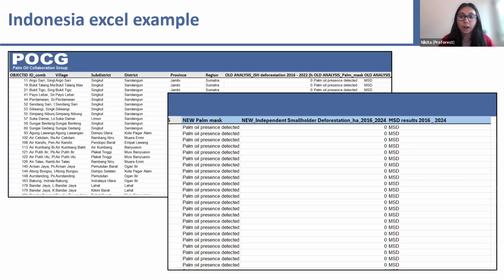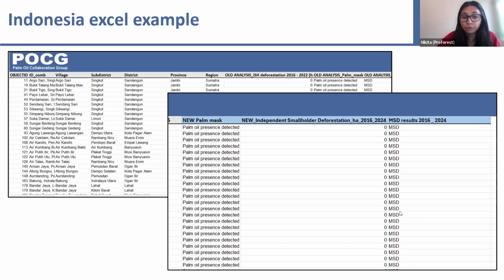For the purpose of your IRF reporting, you would have to use the new analysis. We've included the old one just to be transparent on the changes between 2022 and 2024, and the external validation period that happened between then.